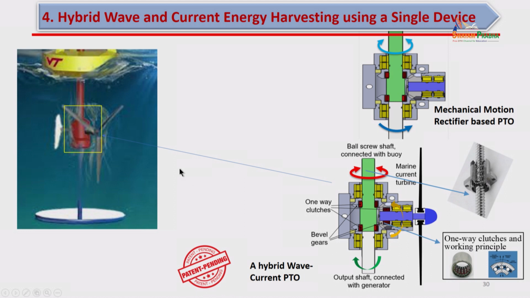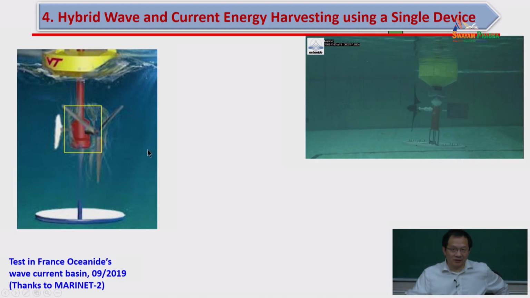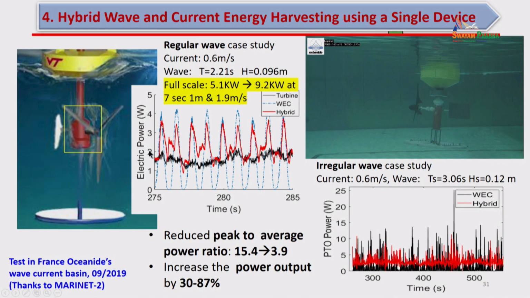In this system, you build a hybrid wave and current energy converter. How does the hybrid system work? The buoy moves up and down to drive one generator, and the turbine also drives the same generator. In that way, we can get energy from both sources.